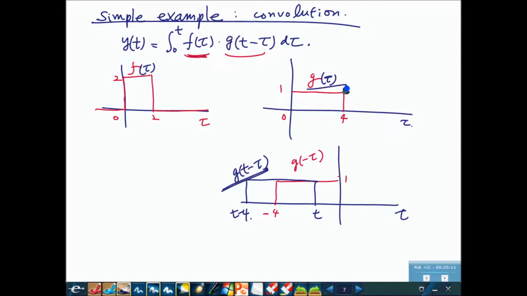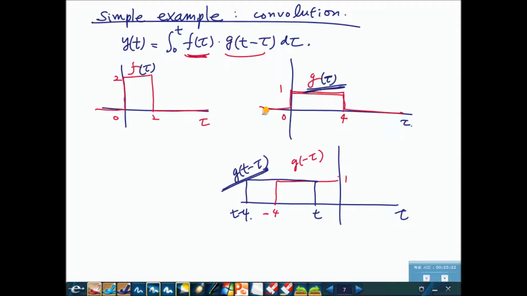Starting from here, this is shifting to plus minus, and then t is moving. T changes, right? T is a variable, so it changes. Okay? And this box or whatever, right?